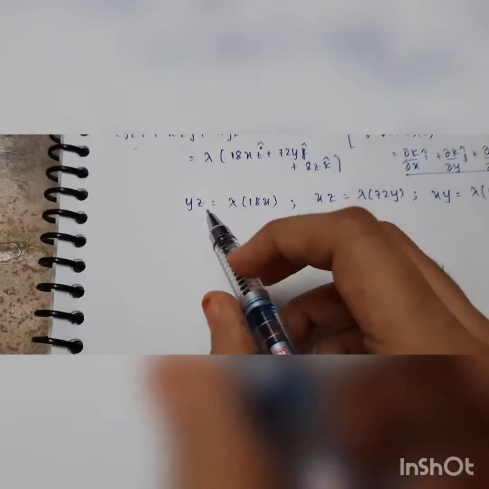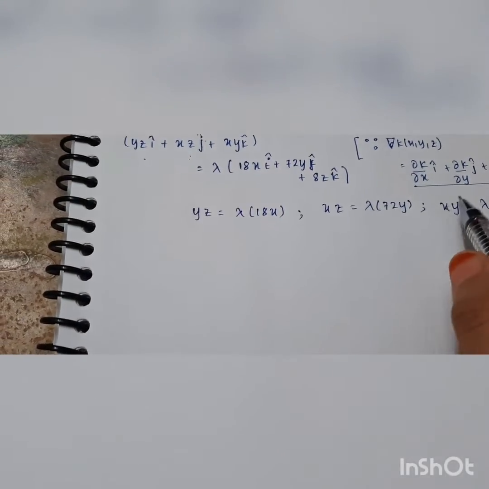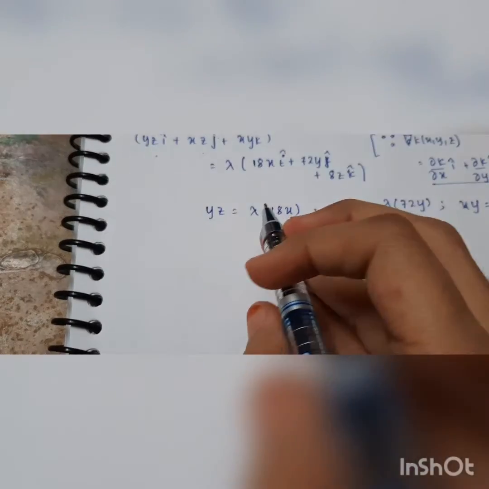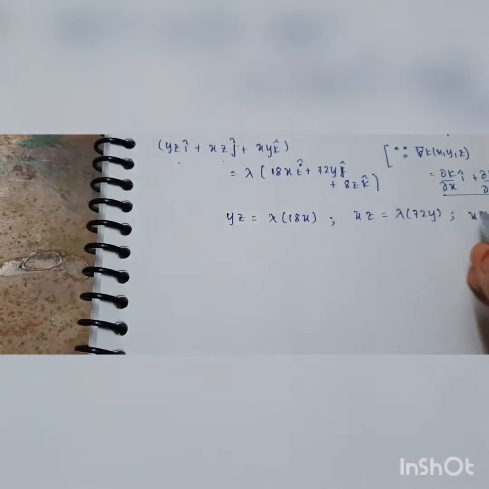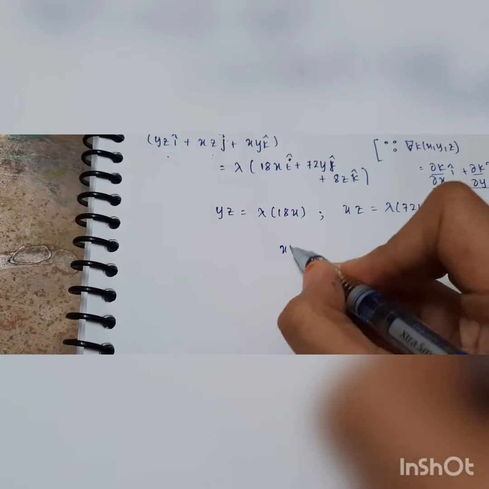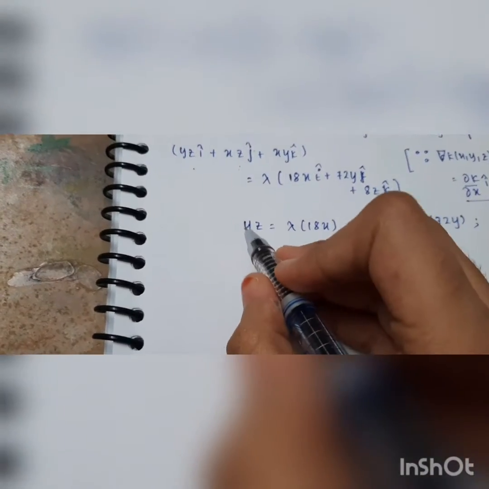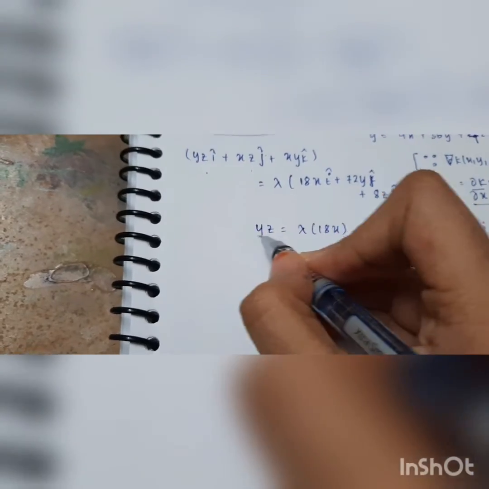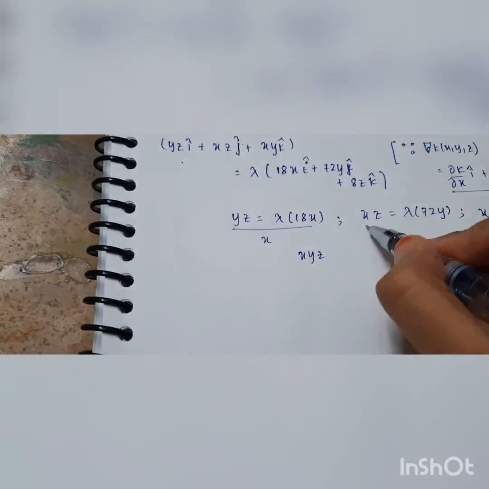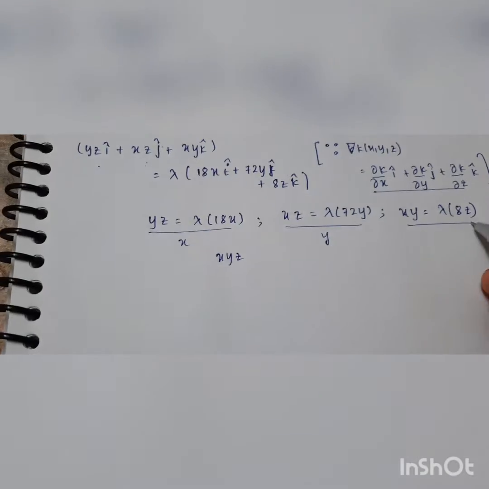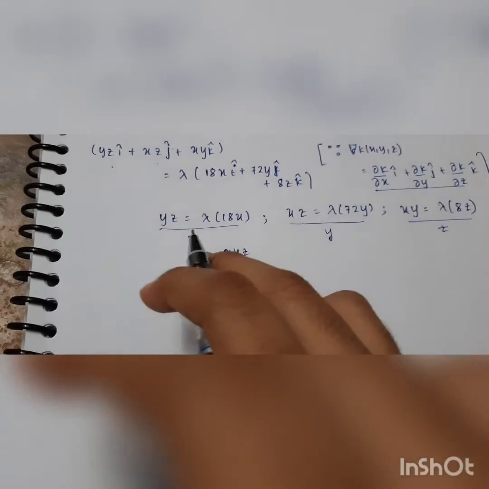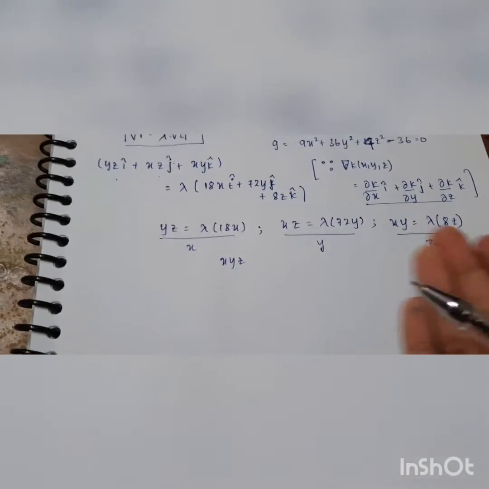To equate all of these three equations, we have to multiply each of them so that we get xyz, which will make all of these common. So we'll multiply this equation with x, this equation with y, and this equation with z, meaning the missing terms in these equations we'll multiply with that.